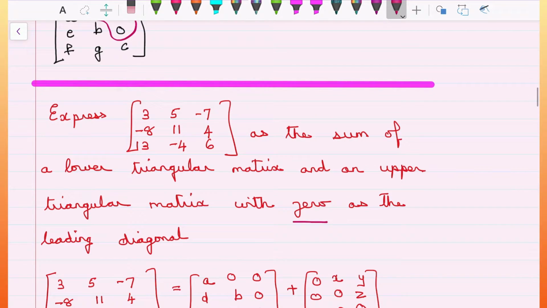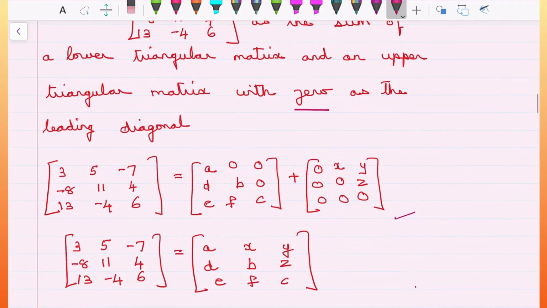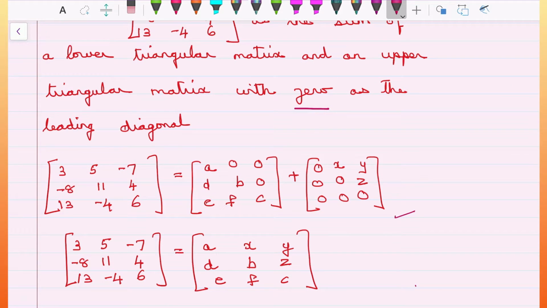Now if we have to express this matrix, 3, 5, minus 7, minus 8, 11, 4, 13, minus 4, 6, as the sum of a lower triangular matrix and an upper triangular matrix with 0 as the leading diagonal. The upper triangular matrix has to have 0 as the leading diagonal. So this is the lower triangular matrix and this is the upper triangular matrix with 0 as the leading diagonal.